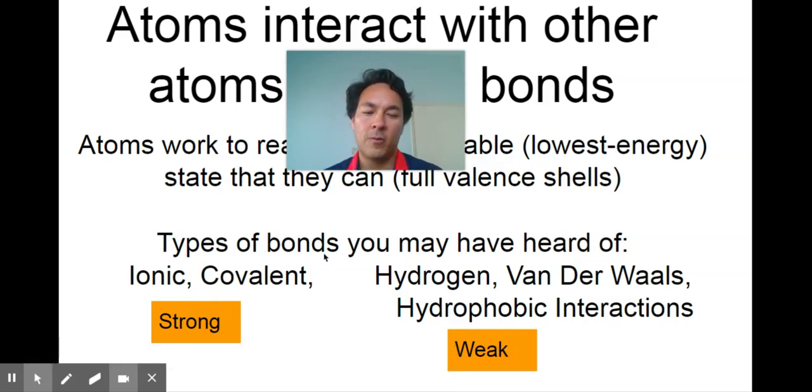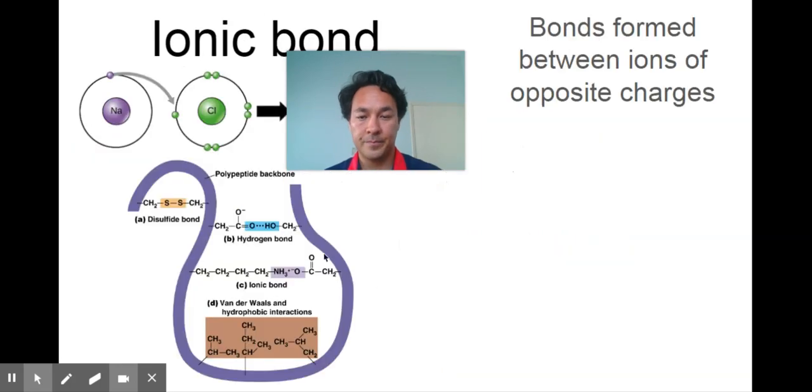All right, but they're all really important. You wouldn't want some molecules bonded together covalently in your body if you need to be able to break them apart and easily access them. And some of them you do want bonded together covalently or ionically. So all of these work together to make life as we know it.